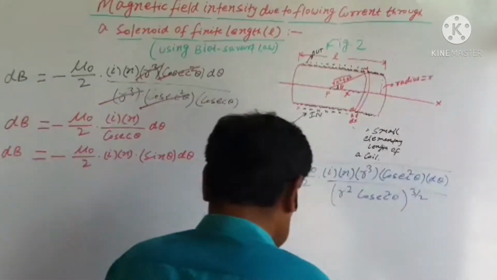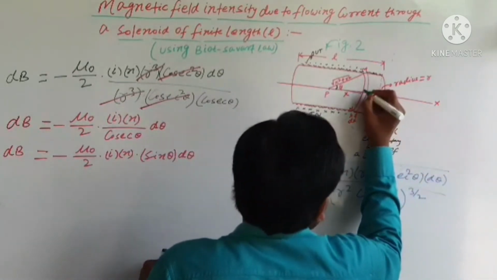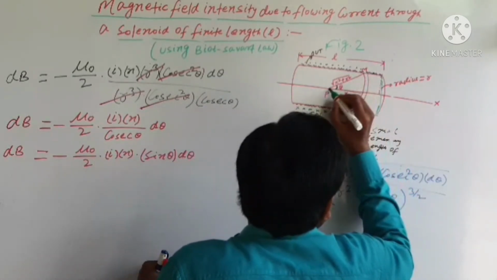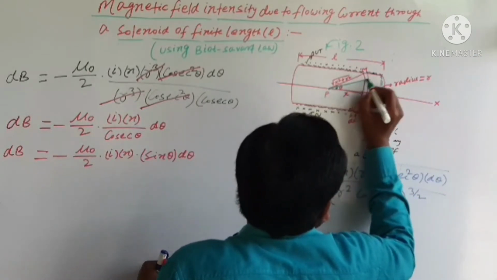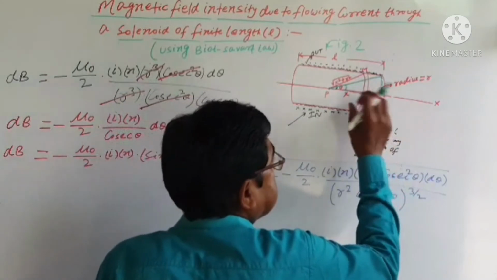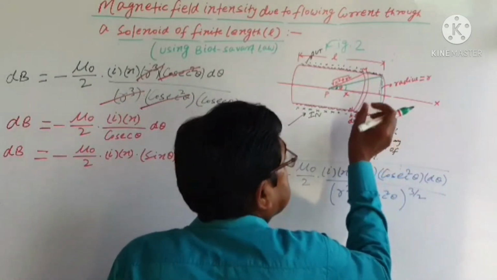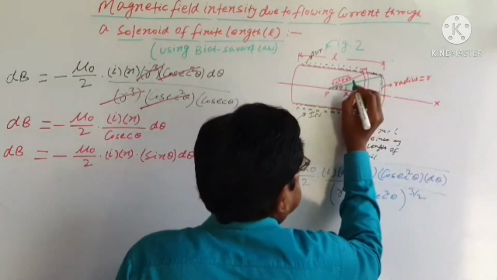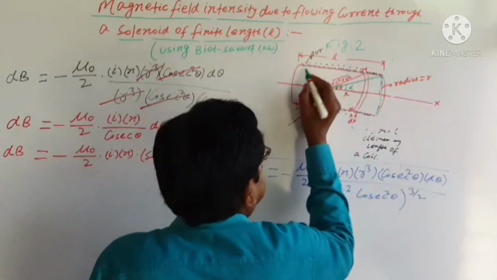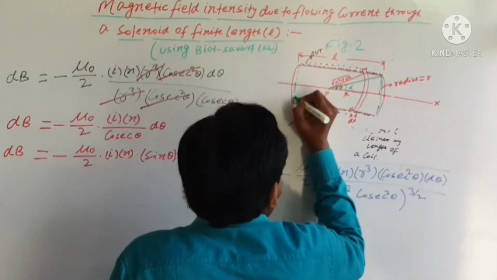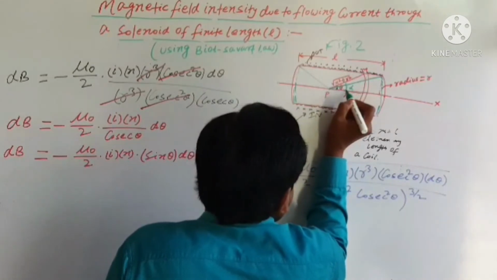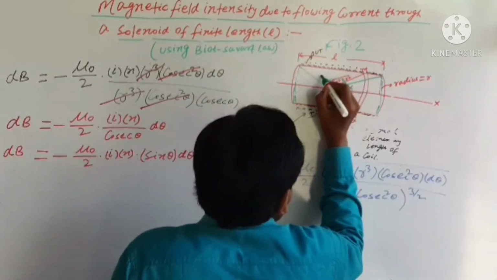Now, one thing you should note: suppose this elementary part exists here, then the angle making from P to this part is alpha, and on the other hand, when we consider this elementary part at this end, this angle is taken as gamma.